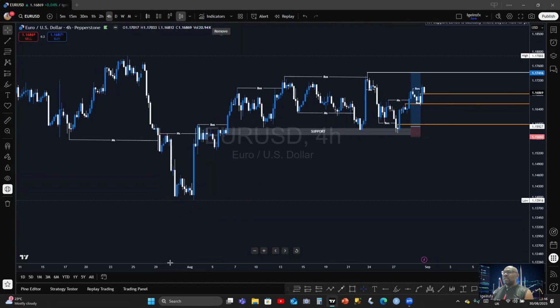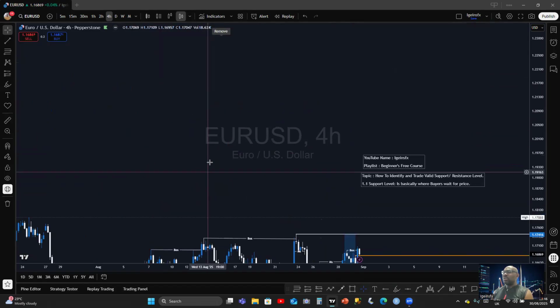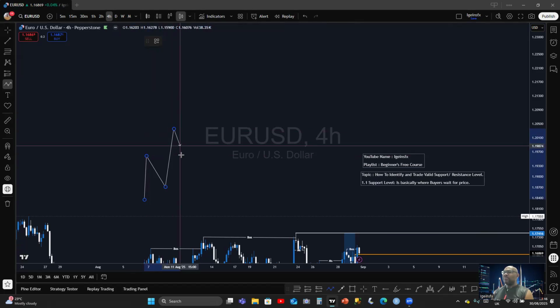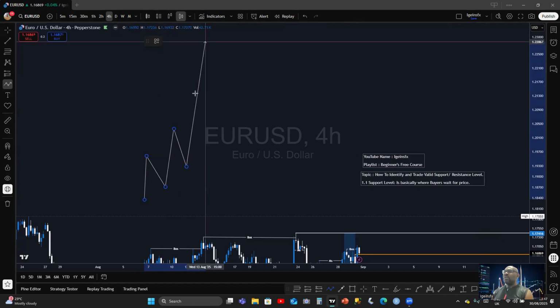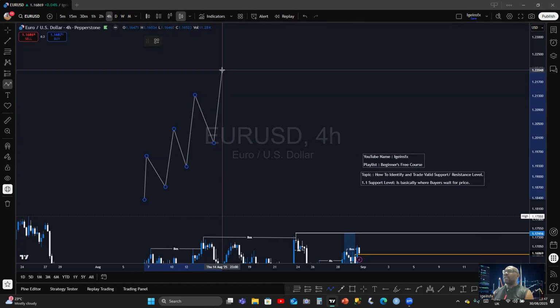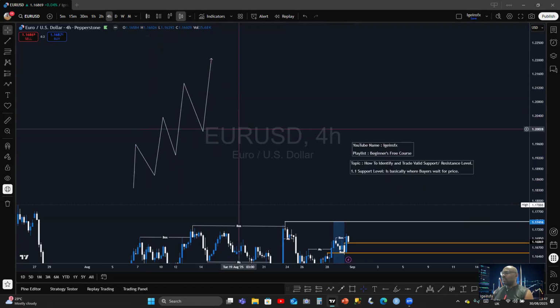You see, in a bullish market, price takes off from here, creates a low, and now creates a high, pulls back, creates a low, creates a high, violating or pushing price above this very one, then comes back, creates a low, pushes to the upside, creates a high, pushes to the downside, creates a low, takes price up again, and creates a high. When something like this happens, we say bullish trend.